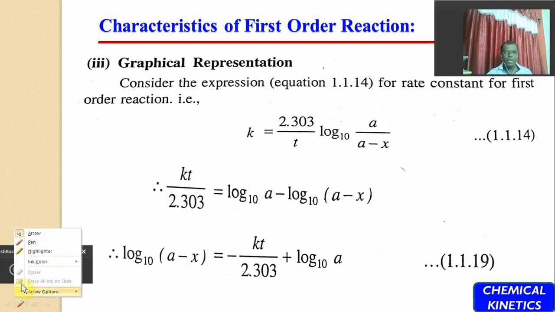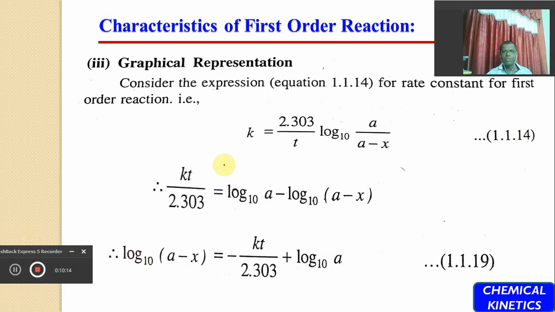Dear friends, we already have the equation for the rate constant of first order reaction as k is equal to 2.303 upon t log to the base 10 of a upon a minus x. If we rearrange this equation, it can be written as kt upon 2.303 equal to log of a upon a minus x, because t will be multiplied on this side and 2.303 will be divided on the other.